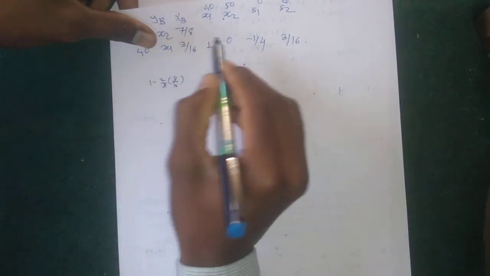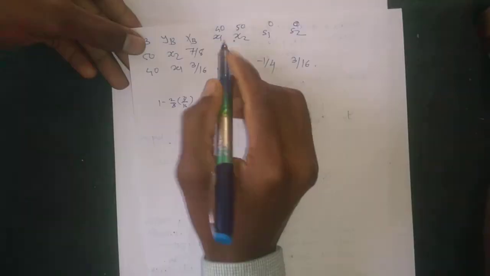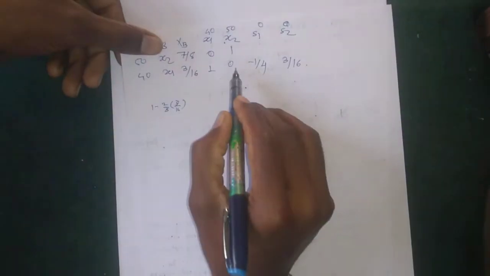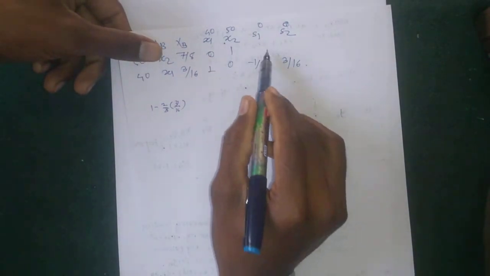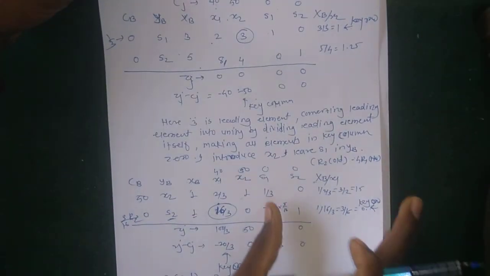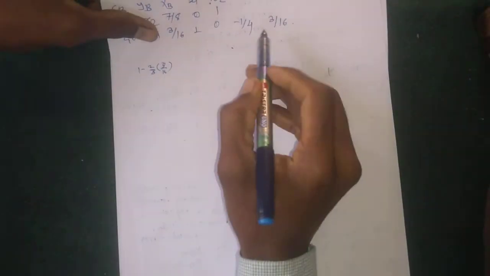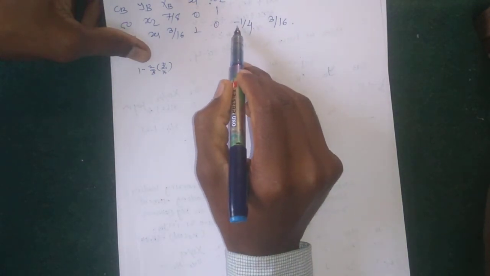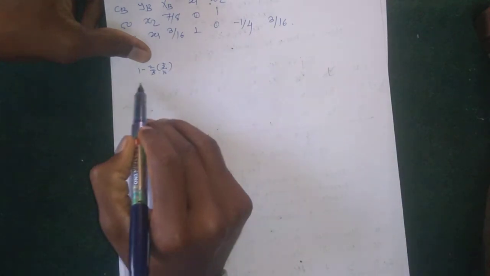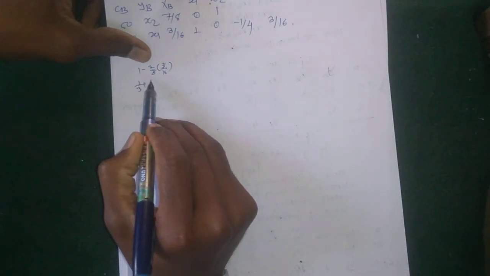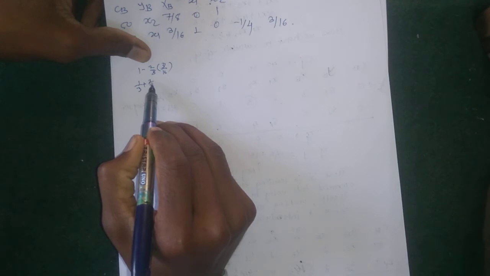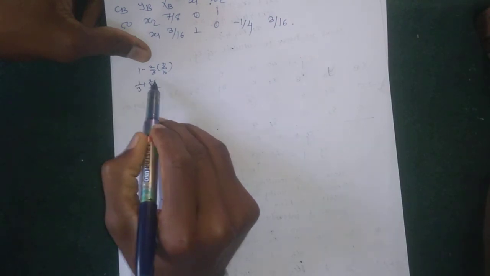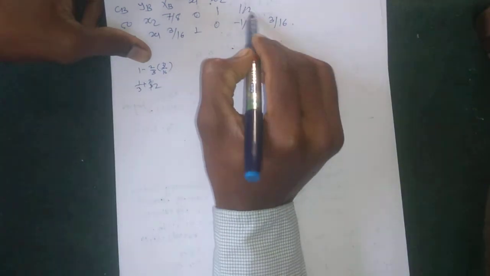For the second, 2 by 3 minus 2 by 3 is 0, then 1 minus 1 is 0. Then the s1 column is 1 by 3 plus 2 by 12, so 4 plus 6 by 12 is 1 by 2.